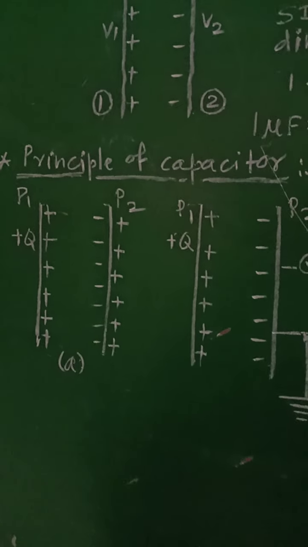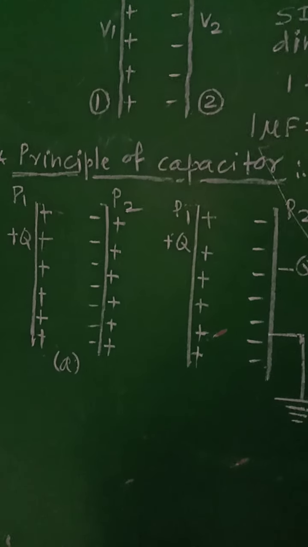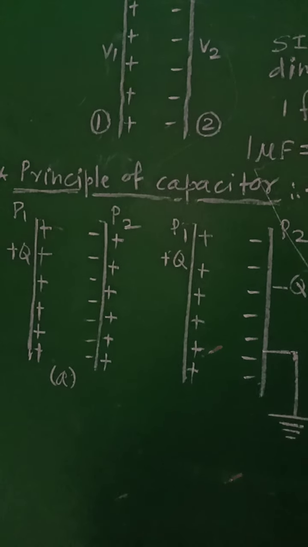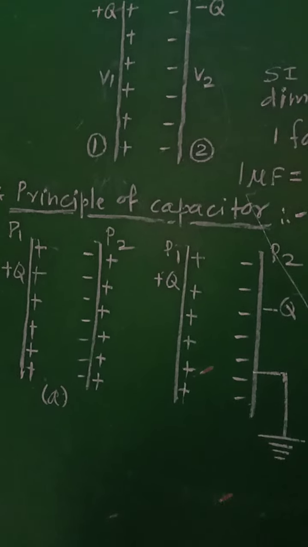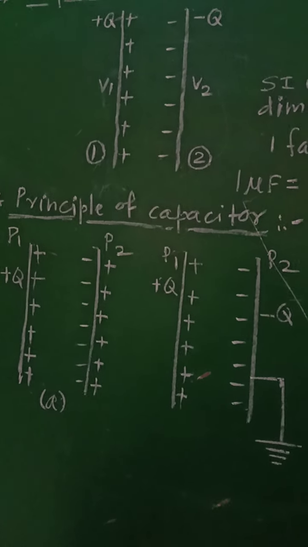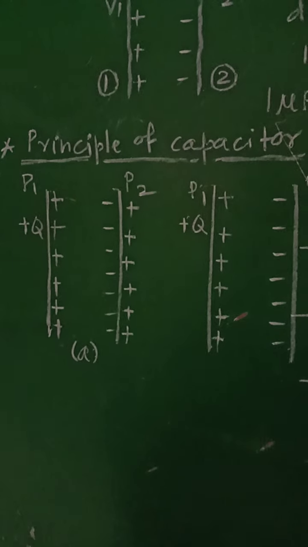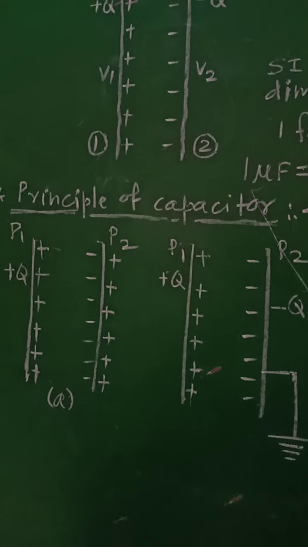As the induced negative charge is closer to P1, it is more effective, and thus the potential of the plate P1 is reduced due to the negative charge close to the positive charge.